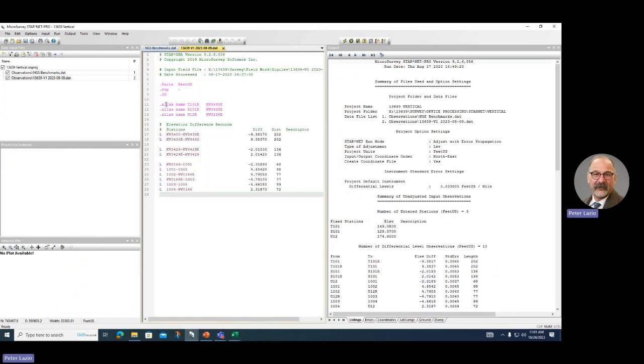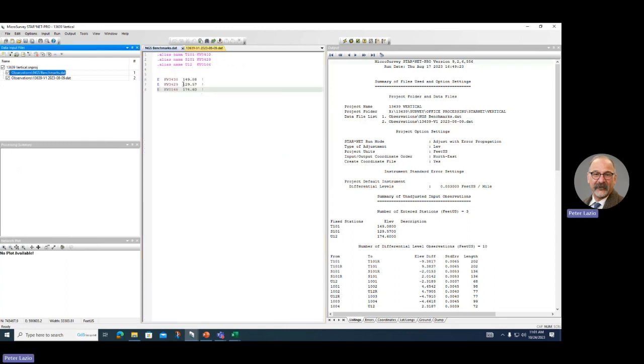And here's what you see with the alias names. T101R being remote, we couldn't directly occupy the NGS benchmark. The field crews put the PID numbers in, and I just converted it using the alias, so I don't have to do a search and replace.